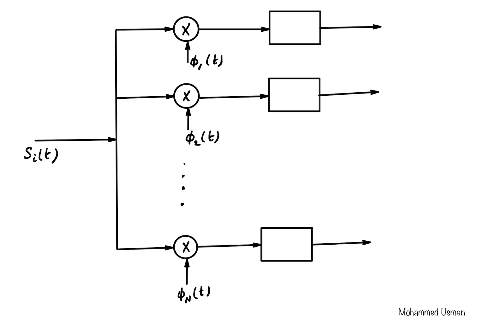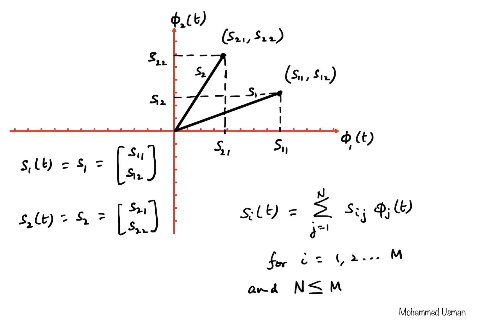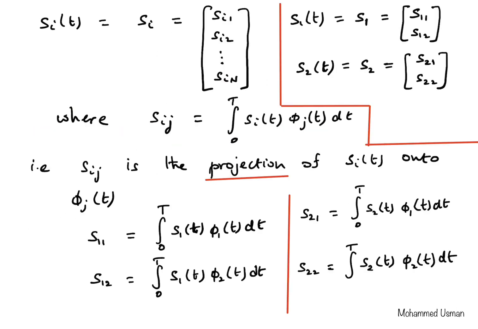Each of these circles here denotes multiplication, because we are multiplying the signal with the corresponding basis function. So Si of t into phi 1 of t, and that product will get integrated from 0 to t. After multiplying, we integrate from 0 to t, and that should give us Si1. That's exactly the equation that we saw earlier.